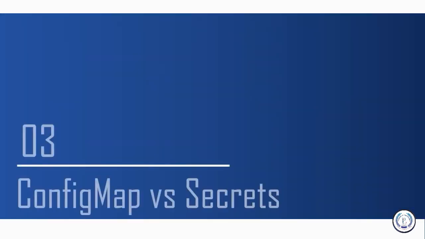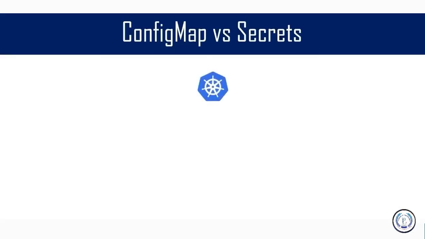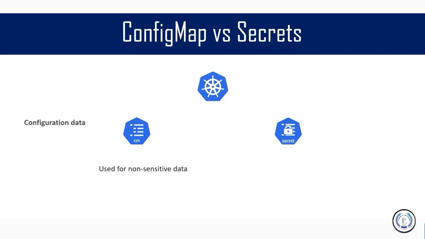So, let's talk about the similarities and differences of config map and secrets. First, in Kubernetes, config map and secret might appear virtually similar, but the intended usage for both is a bit different. First, config map is strictly intended for storing non-sensitive information such as configuration data and environment variables.